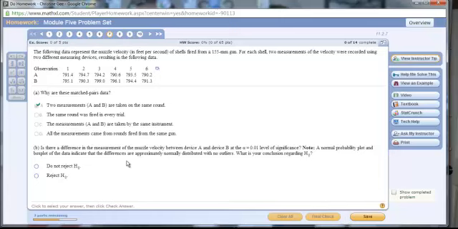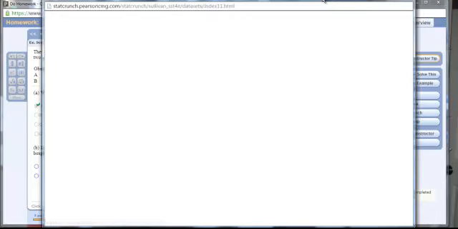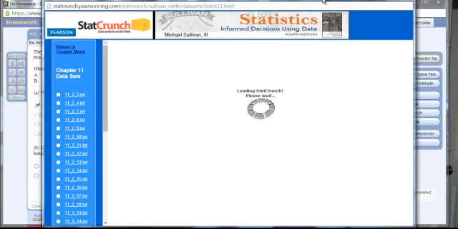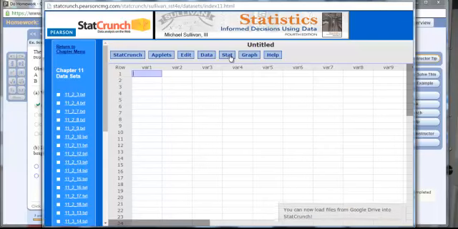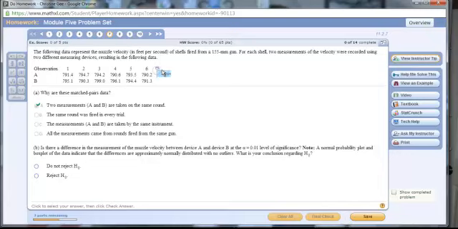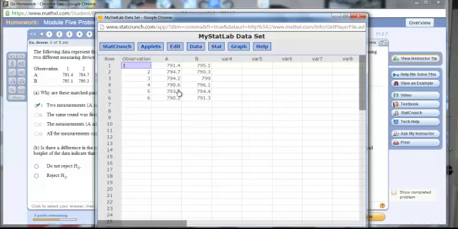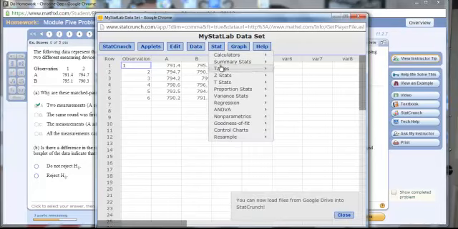Okay, so they're asking if there's a difference in the measurements between device A and device B at the alpha level of 0.01. Right away, I'm going to go into StatCrunch, and it is a matched pairs. I need to click into StatCrunch through this little box, because then it'll bring up the whole data set.